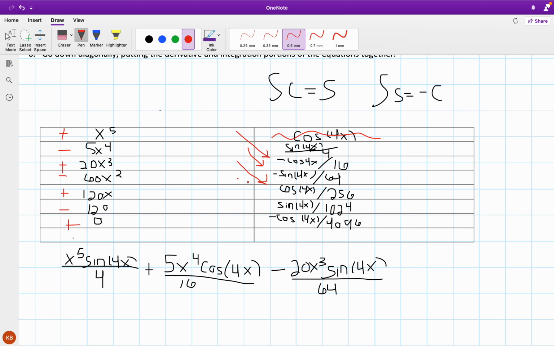Let's do it again. A negative and a positive, which will once again make another negative. So, negative 60x squared times cosine 4x over 256.